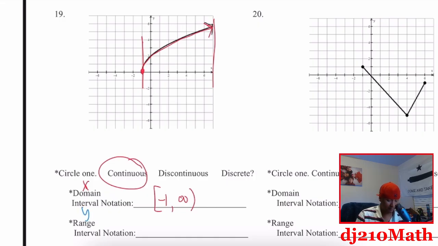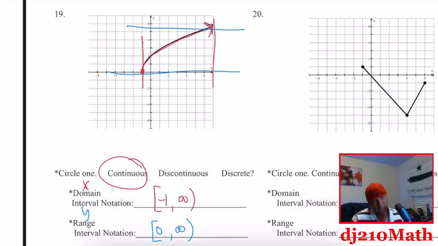Range is y. So the smallest y value used up to the greatest y value used. So this is going to go from 0, bracket, up to infinity. So domain, left to right, range, bottom to top, 0 to infinity.